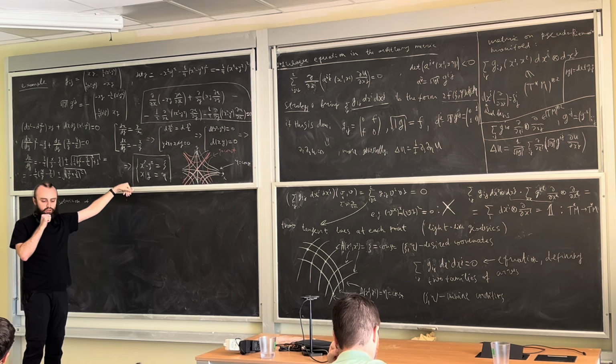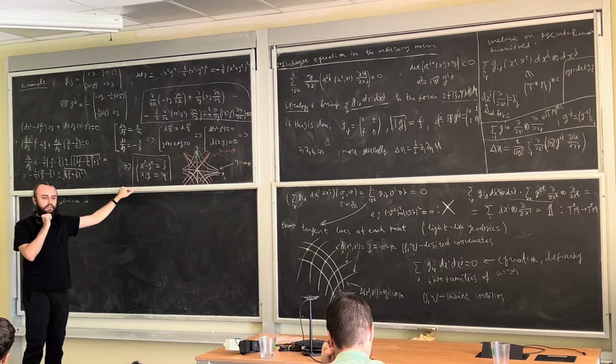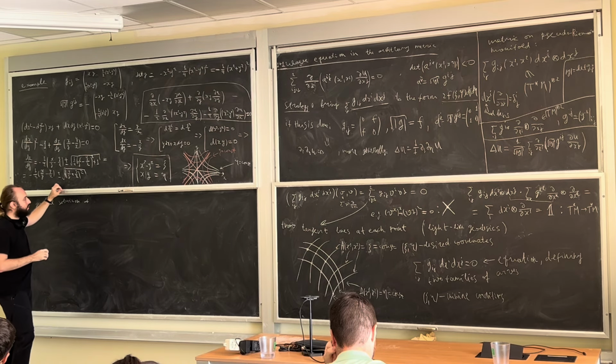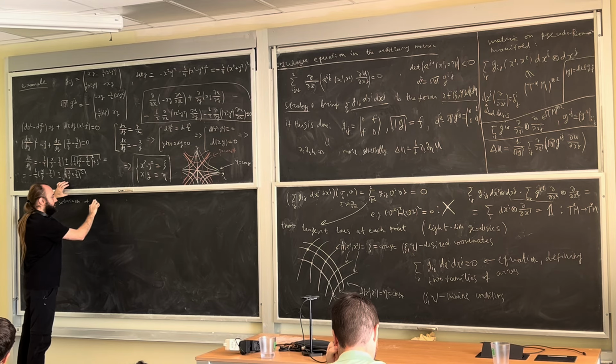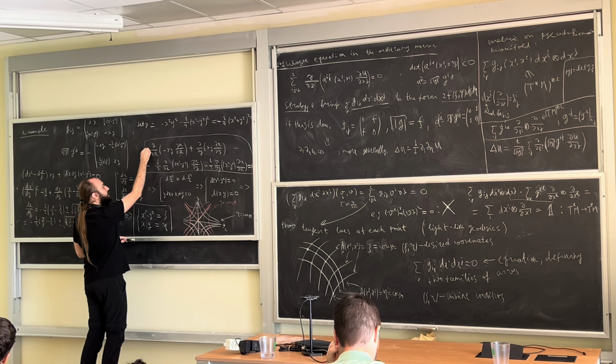I'm asking about parameterization of all possible solutions of this equation, which we call equation star.